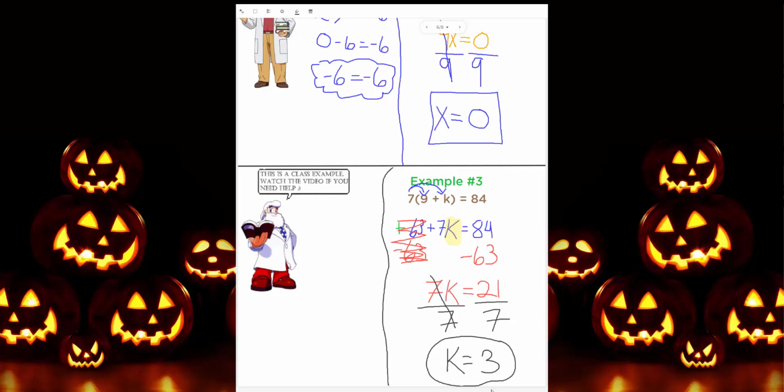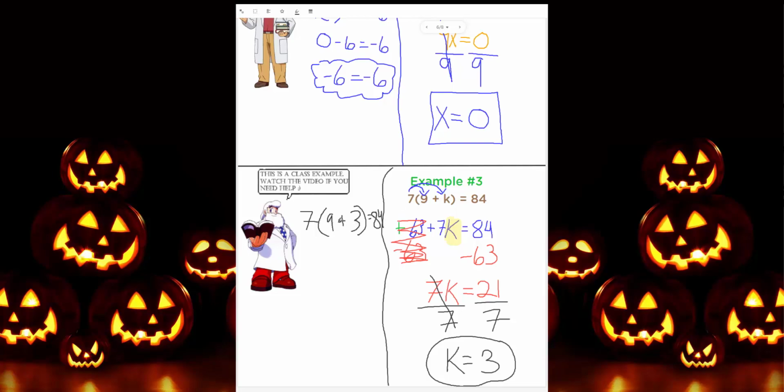Okay, and for the last time in this video, we'll plug our answer in just to make sure that it is correct. So 7 times, and then instead of it being 9 plus k, we're going to do 9 plus 3, because that's what k equals, equals 84.